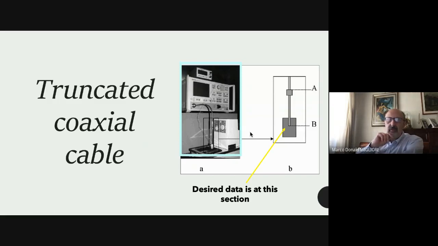I want to show you an example of this. This is a truncated coaxial cable. It's a very commonly used method for liquids, and the idea is to use a coaxial cable that is cut at this section. We measure the reflection coefficient at this section, and in this way, by measuring the reflection coefficient, we are able to estimate the permittivity of a liquid inside which the tip of the coaxial cable is inserted.